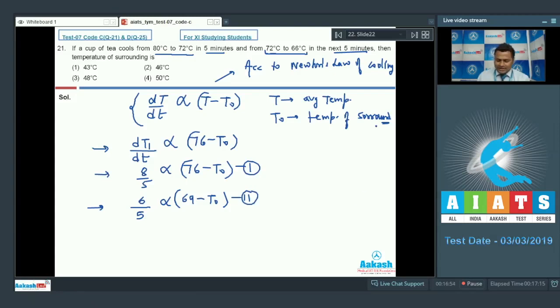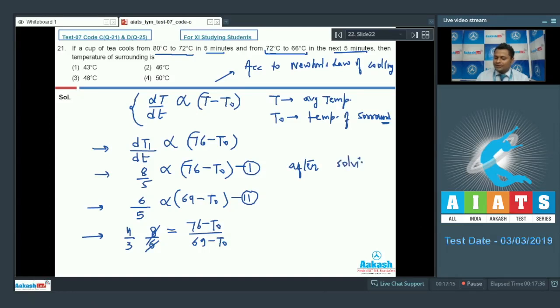Equation number 2. Taking the ratios, ultimately we get 8 by 6 equals 76 minus T naught whole divided by 69 minus T naught. Solving it, 4 by 3, and after cross multiplying we will get the value of T naught.